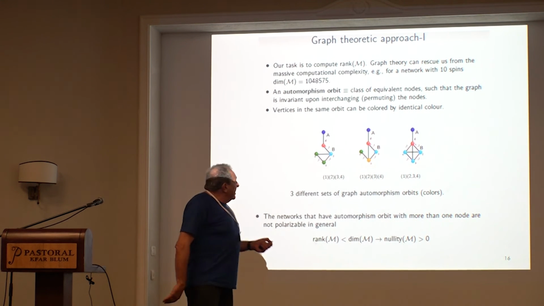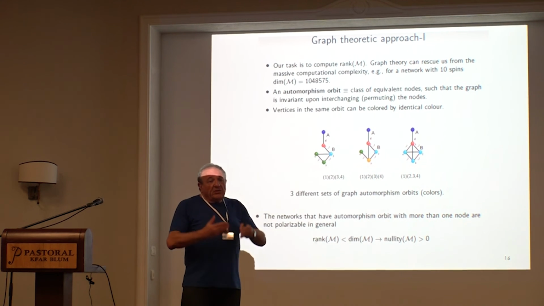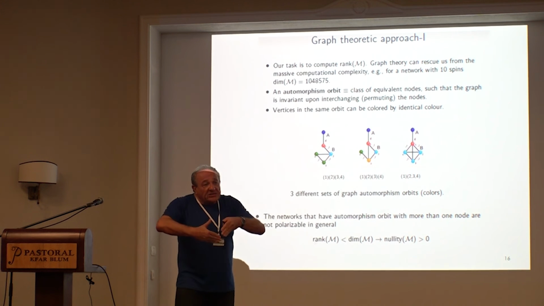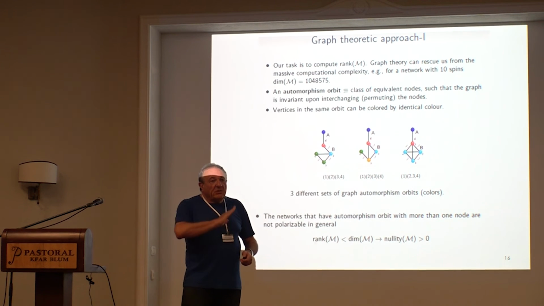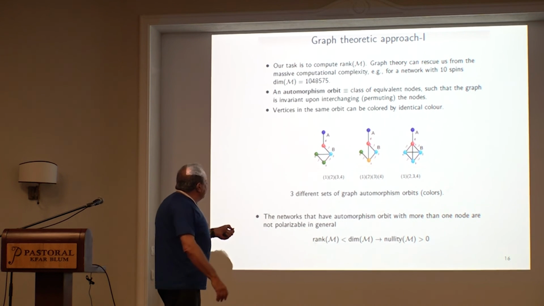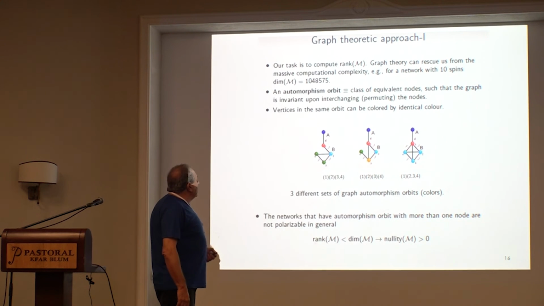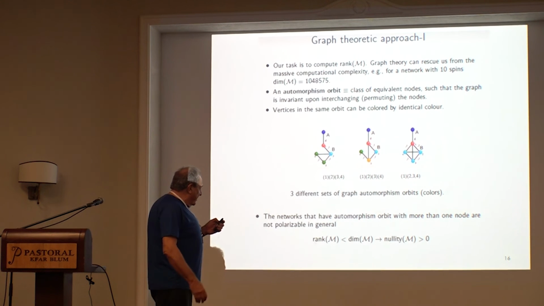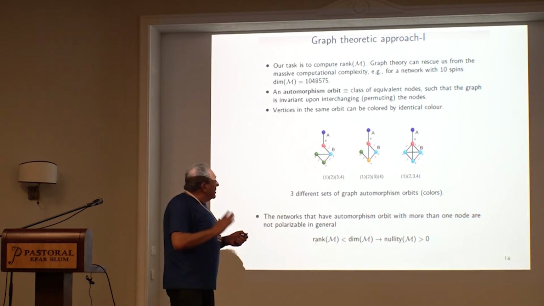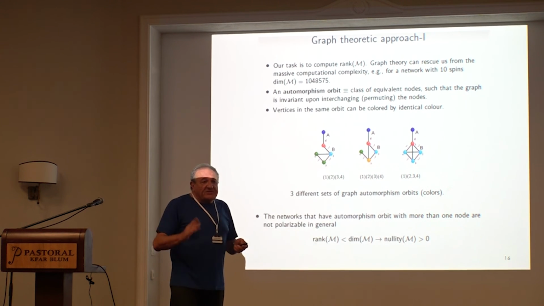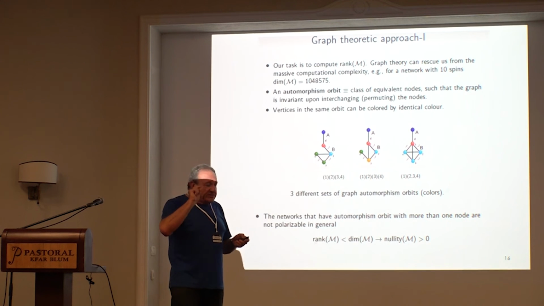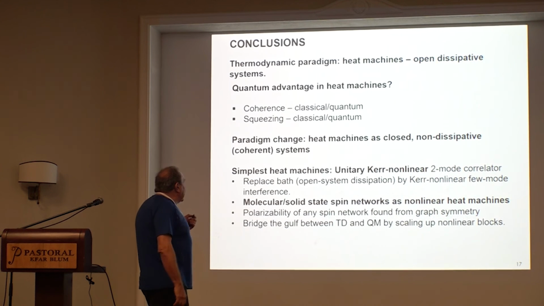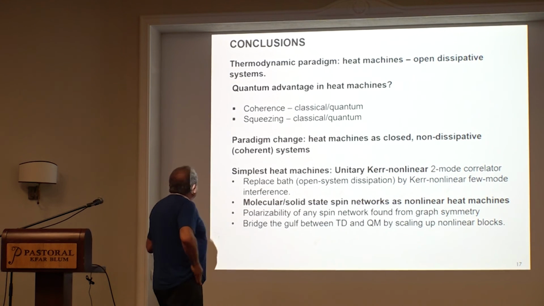The reason is that whenever you have multiplicity, you inevitably have a dark state lurking there. So this cannot be polarized unless there is absolutely no degeneracy. This saves the trouble of diagonalizing the matrix, and just by observing the graphs, you can determine the degree of polarizability of the network, and we find this quite promising.